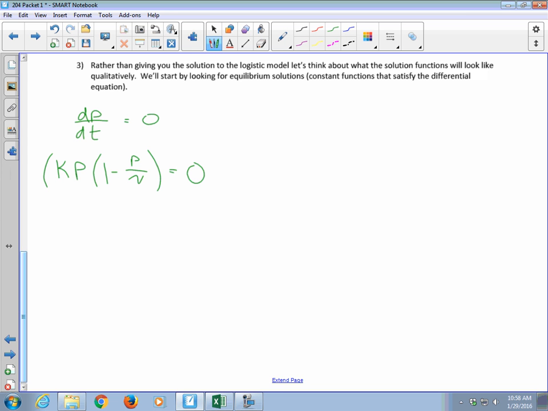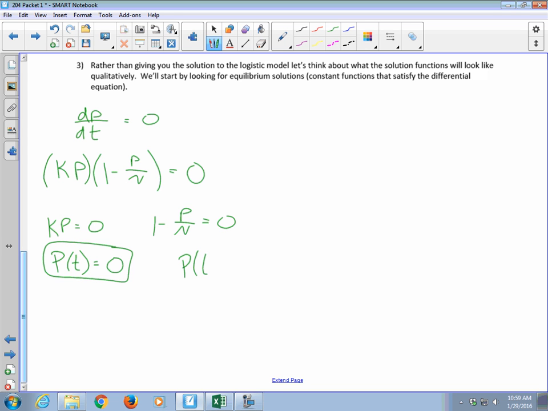Whenever you have two things multiplied and the answer is 0, it has to be that either one of them is 0 or the other one is 0. So in this case, p of t, my solution function, is 0. And over here, if I solve for p, I get p equals n. P of t equals n.